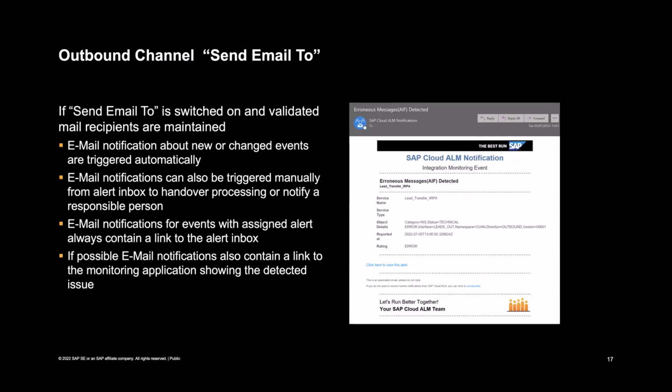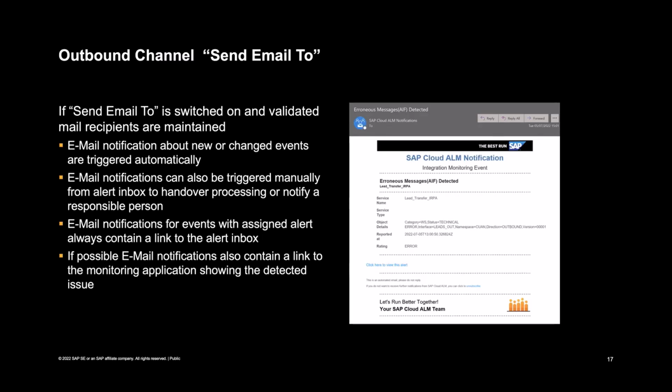If you are a Cloud ALM user, this is already done. With adding your user ID to Cloud ALM as an active user, you are automatically enlisted into the email recipient list. But then after this, you get a verification email where you have to confirm that you allow SAP to send you emails for email notifications on behalf of this Cloud ALM tenant.